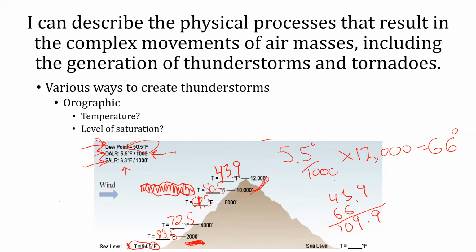Switch to the dry rate, double check you're using it properly, make it up to the top of the mountain. Switch to the saturated rate, double check you're using it properly, move up to the top of the mountain. At that point, when you go back down, switch back to the dry rate, make sure you're using it properly, and then add that temperature change to the air that you started with at the top of the mountain.